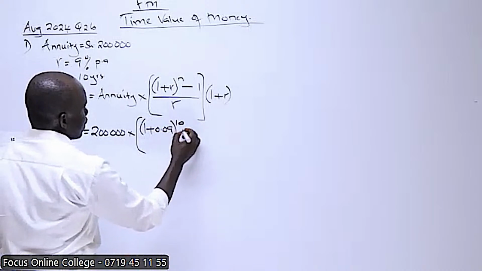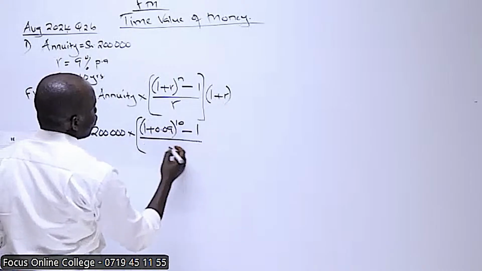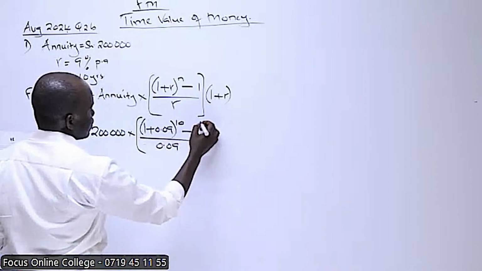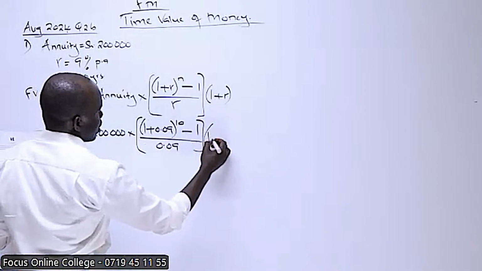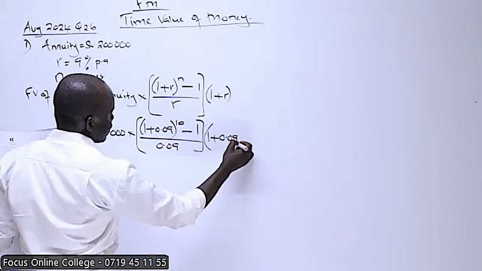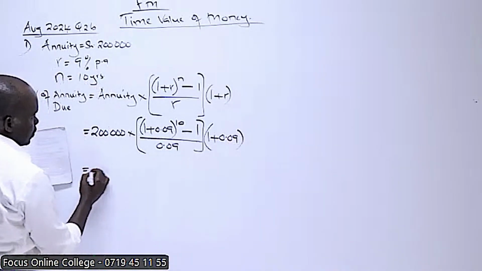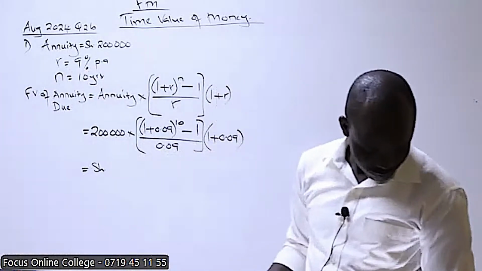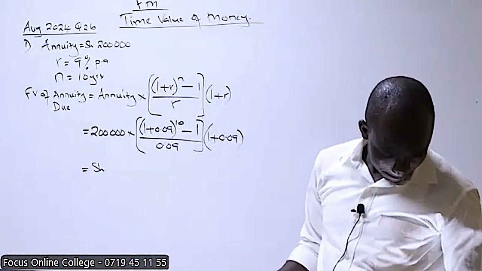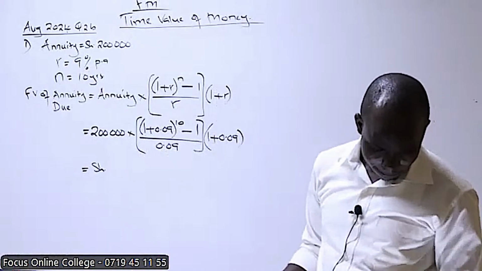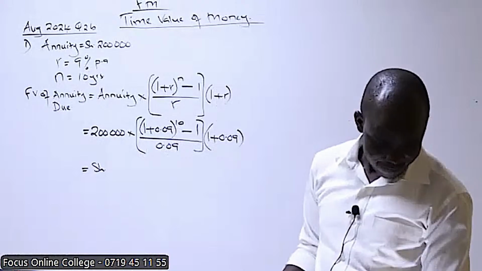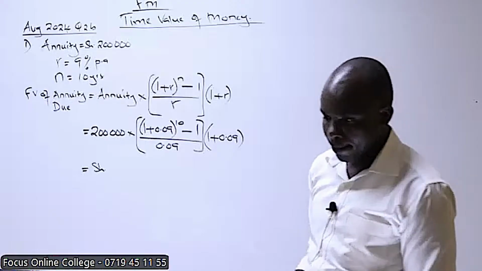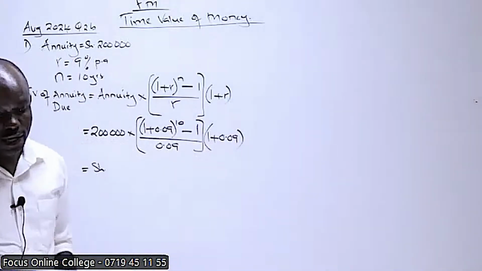Power 10 minus 1 over 0.09 times 1 plus 0.09. So from that, we can get the amount. Get me that figure kindly.